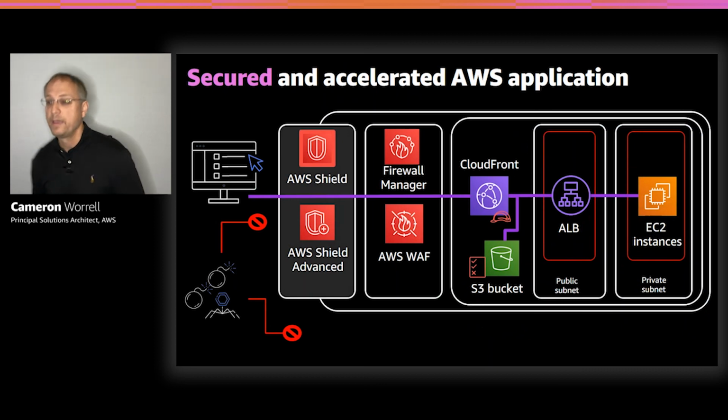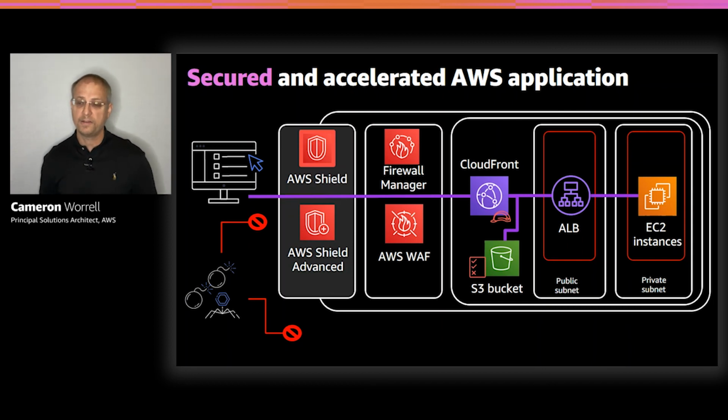We also turned on Shield and Shield Advanced potentially for protection against DDoS threats. And then we implemented Firewall Manager to help us manage this at scale. So this is the complete picture of the solution we put in place. And now we're off and running with our Wild Rydes unicorns, and everything's working as we intend.